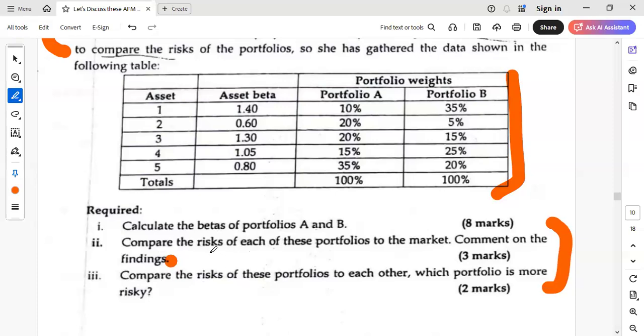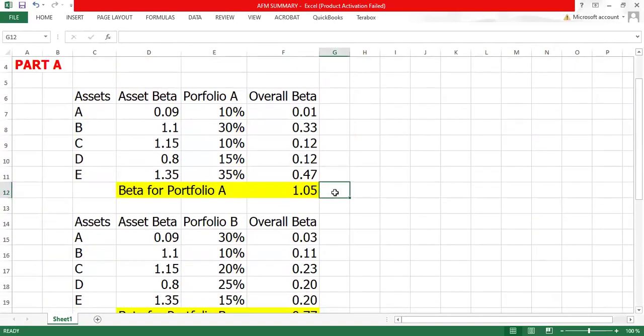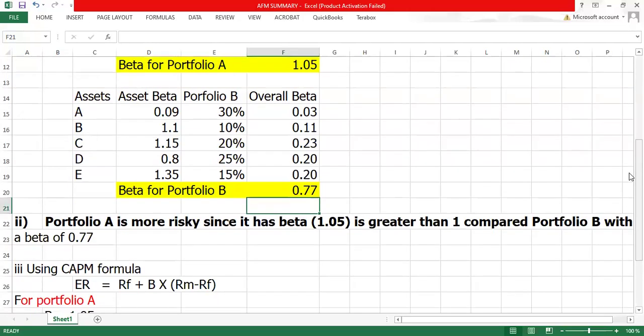Basing on what we have discussed, for you, you will have these betas, beta for A and beta for B. Then when they say comment, you will just need to be looking at the beta.